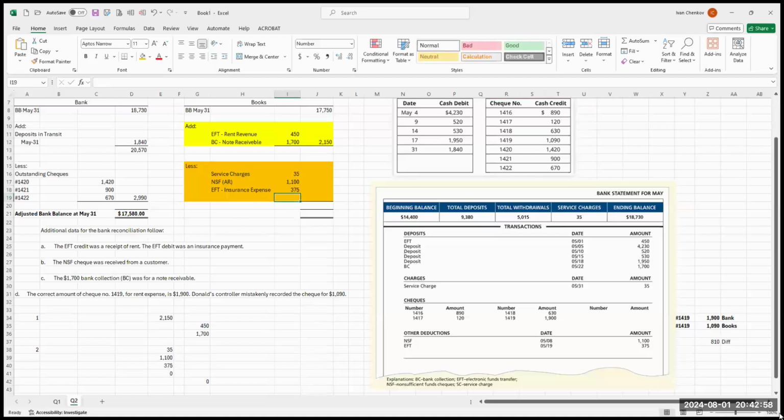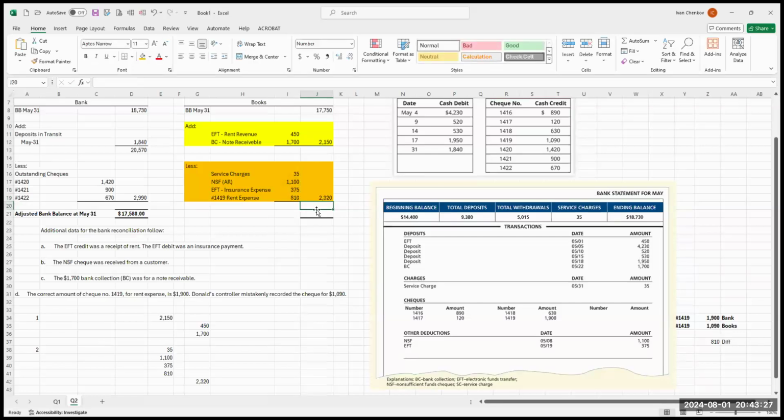The last thing left is that we deduct from our books $810, which is related to check 1419, which was originally for rent expense. Once we do that, the total amount that we have to deduct will be equal to all those four amounts.